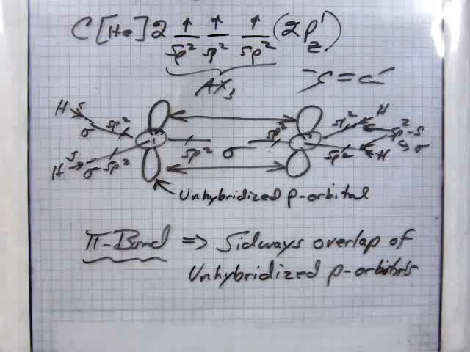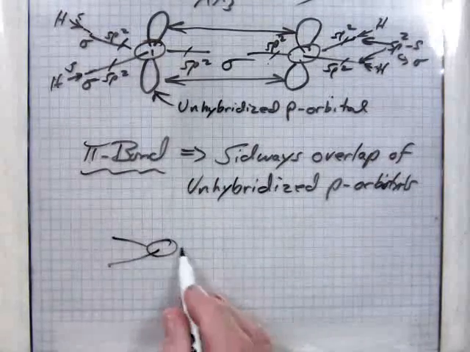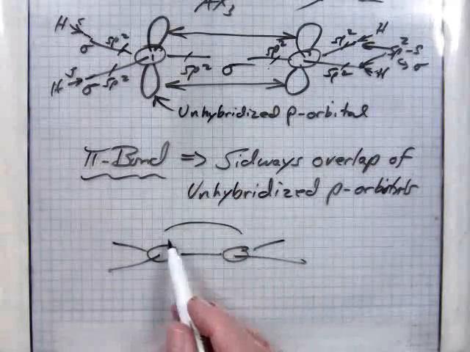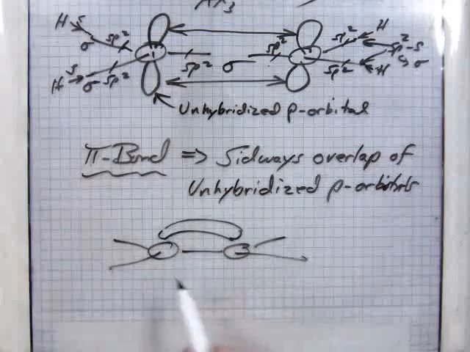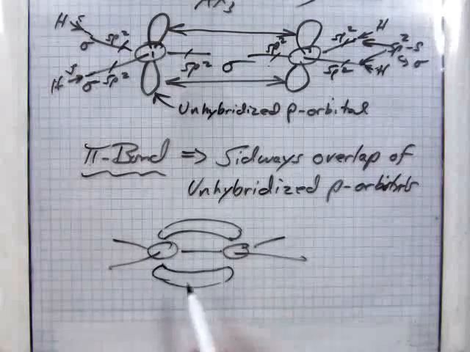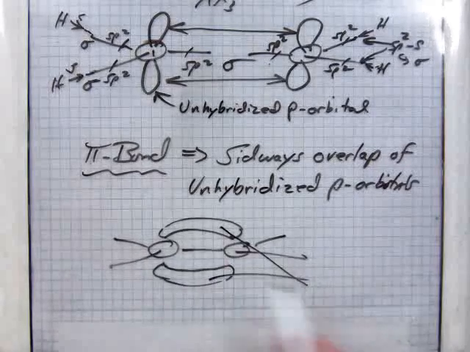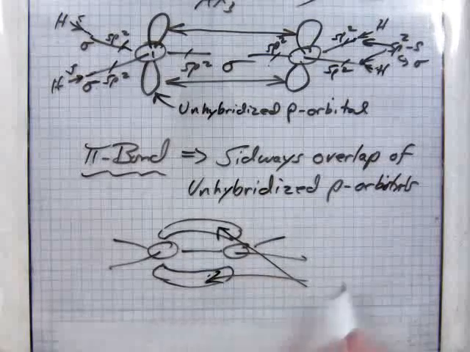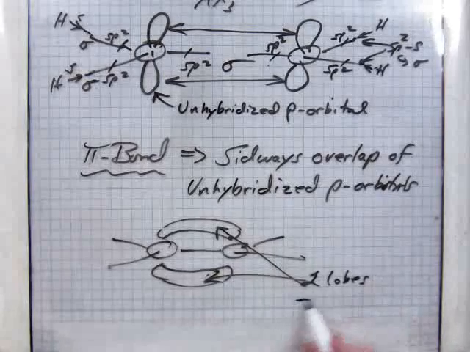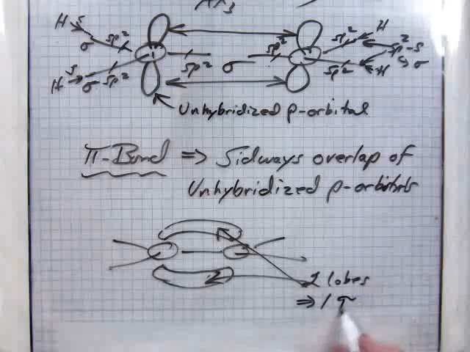And when it's completed, what you have is a cloud above and a cloud below the plane of symmetry of the molecule itself. It takes 2 lobes to make one pi orbital, not p orbital. Pi bond.